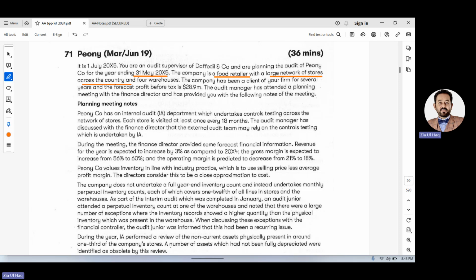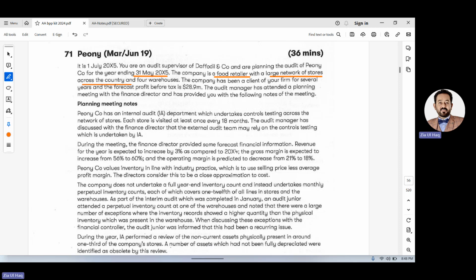Detection risk. Even you can say control risk because the company's operations are expanded, so there could be lack of controls which may not detect or correct misstatements. It's better if you write detection risk. Either detection or control, not both.